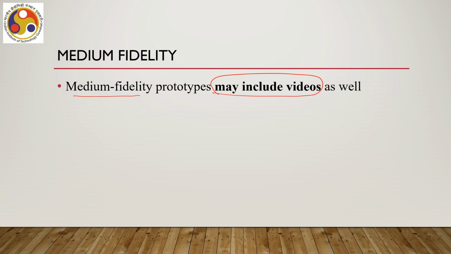The low fidelity approach does not rely on computers, so addition of any digital medium is not possible. However, when we are building prototypes using the medium fidelity approach, it is possible to utilize different media to build the prototype, which may still be a horizontal prototype or a vertical prototype.